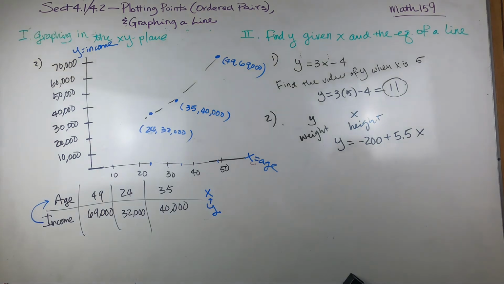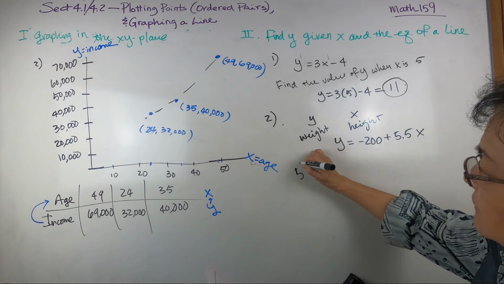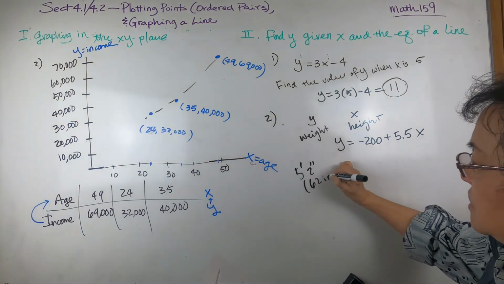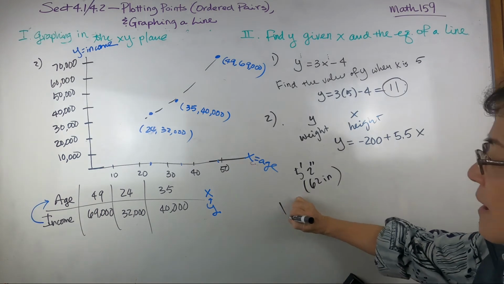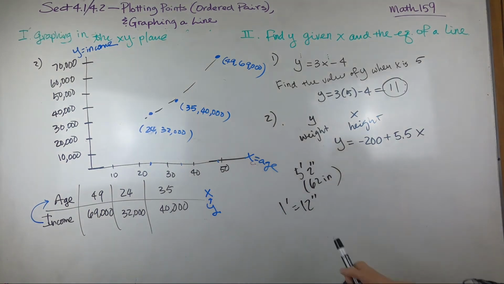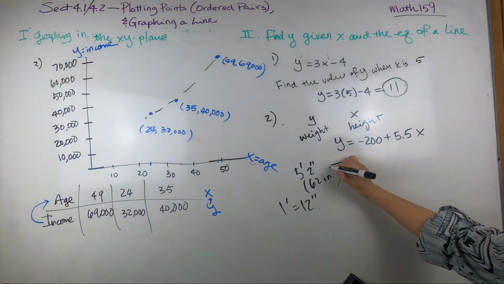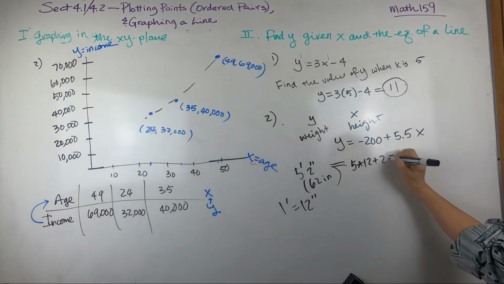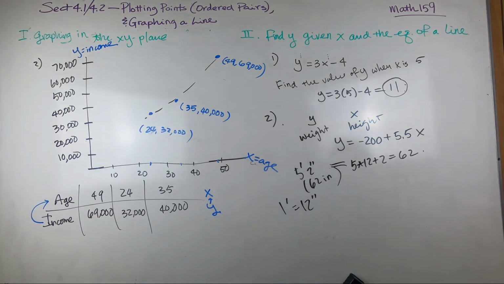It says use the equation to estimate the weight in pounds of a woman who is 5 feet 2 inches. That's 62 inches, right? One foot is what? 12 inches, right? So 5 times 12 inches plus 2, total is 62 inches.